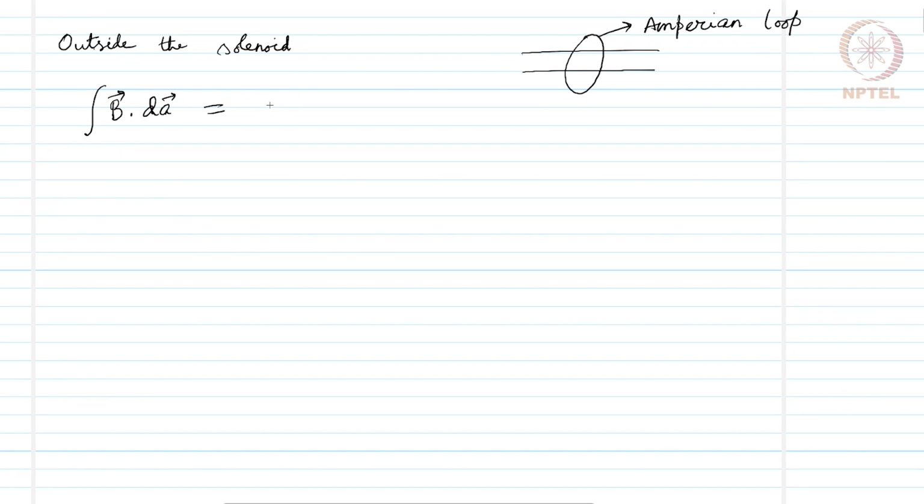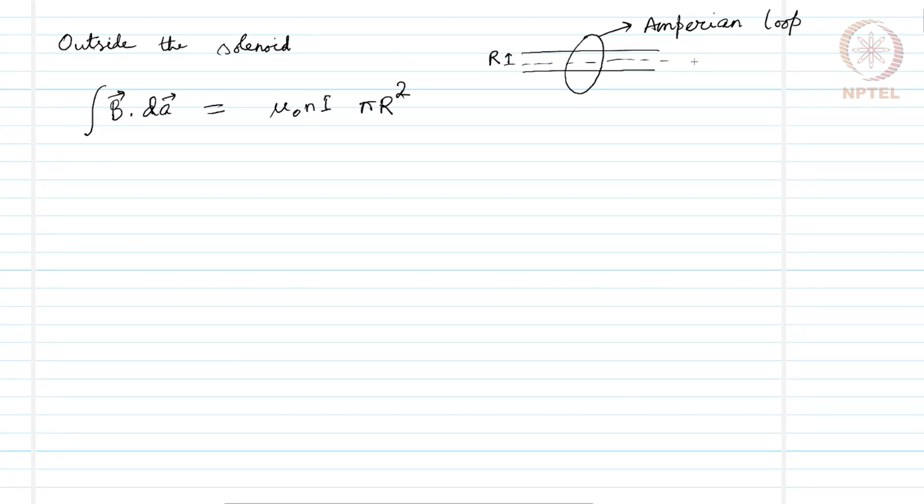So, this quantity will be mu naught n I, the field inside the solenoid, multiplied with the area of the cross section of the solenoid. So, R is this much radius, this is the axis of the solenoid.